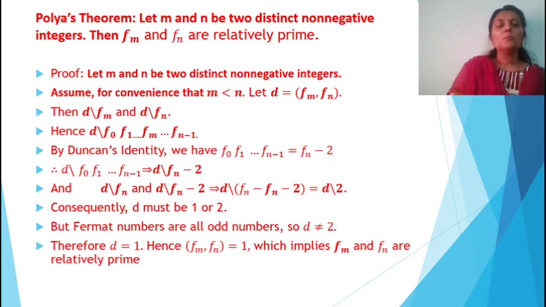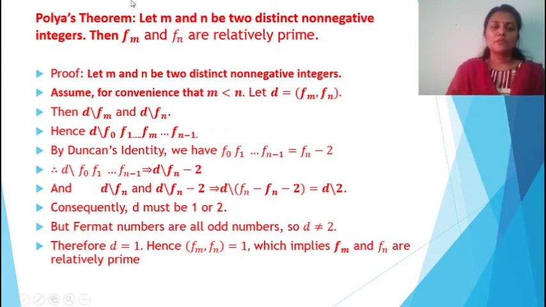Now we have Polya's theorem. Let m and n be two distinct non-negative integers, then F_m and F_n are relatively prime. We know that if two numbers are relatively prime, we have to show that their GCD is equal to 1.